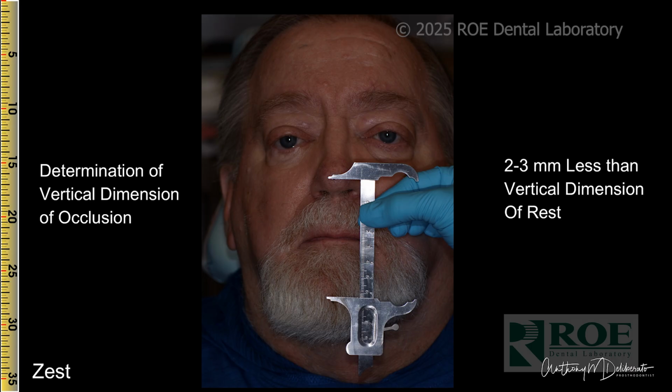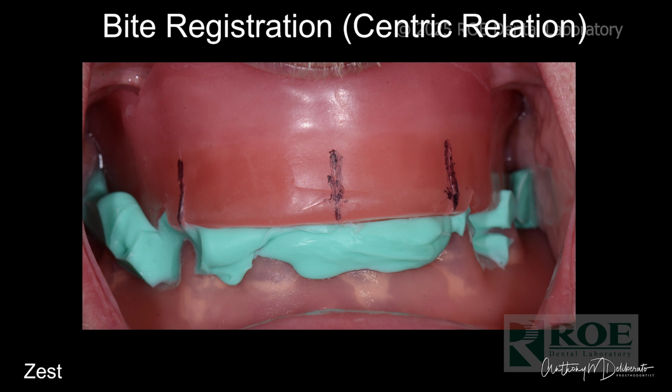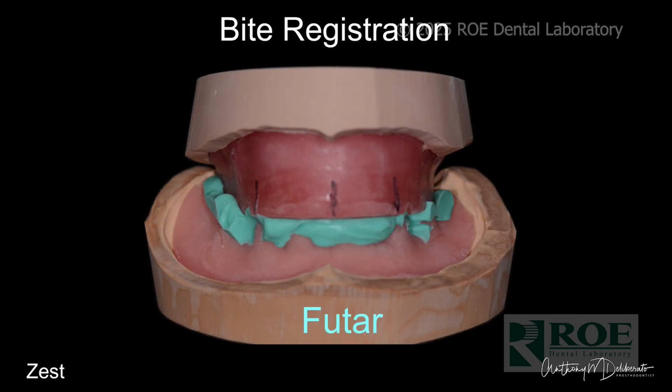Then we're going to determine our vertical dimension of rest, take away 2 to 3 millimeters to our vertical dimension of occlusion, and then had to do just a little bit of adjustment to those little peaks that are sticking up to get it at the proper vertical and get them touching evenly. Took my bite registration.